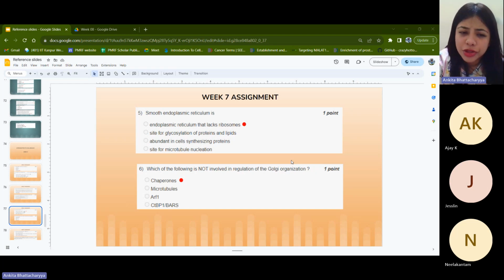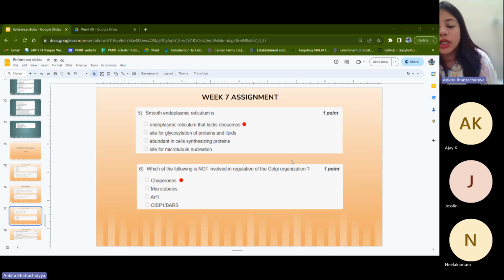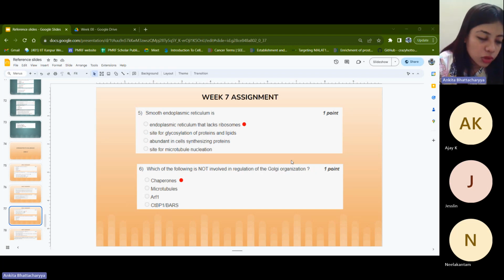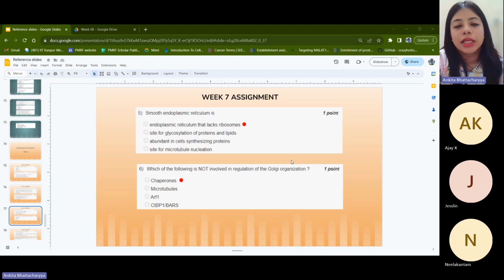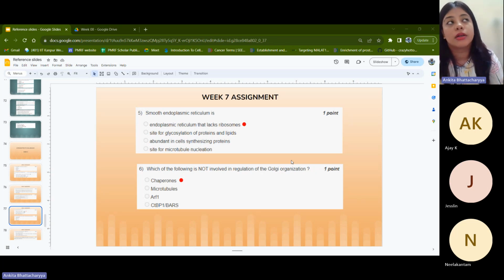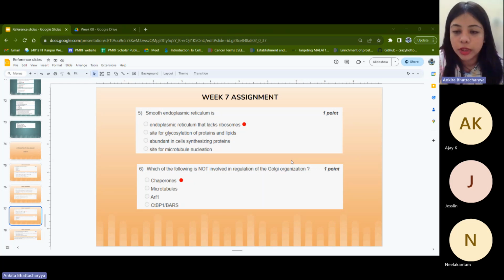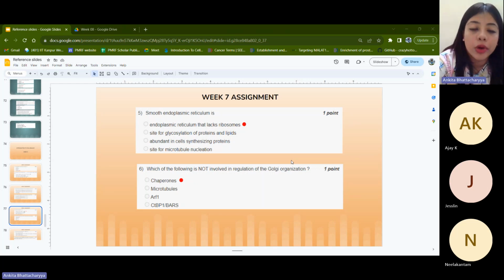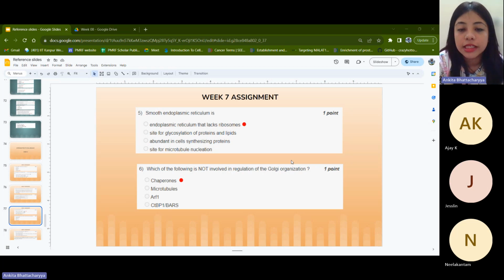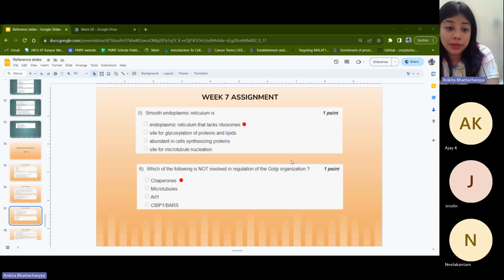In fact, I think I just introduced chaperones to people. It is their function to carry out the correct folding, or rectify the misfolding, of proteins that have somehow undergone inaccurate folding. So that would be the correct option for question 6.